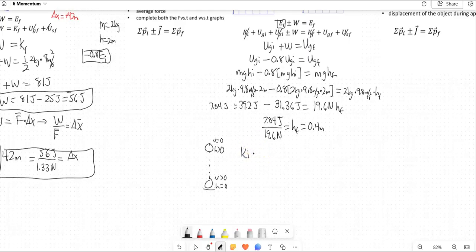The initial kinetic energy plus UGI plus USI, the spring energy, plus work, that's going to be equal to the final kinetic energy plus UGF plus USF. All right, so at the top right here, this is all happening before the bounce. So I'm going to write here before bounce.